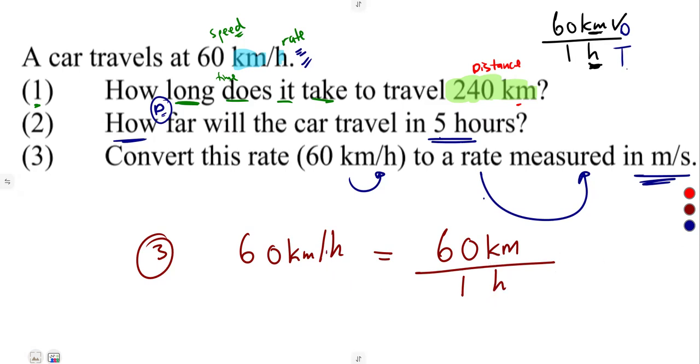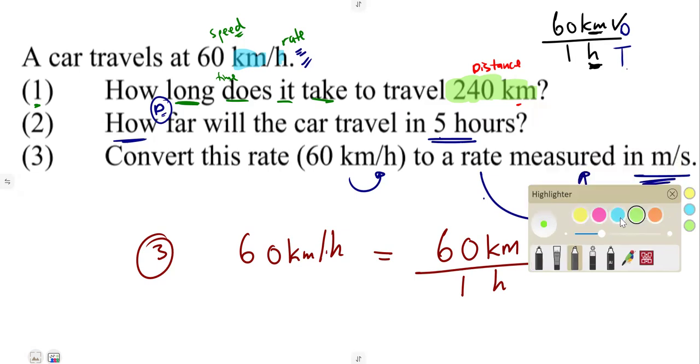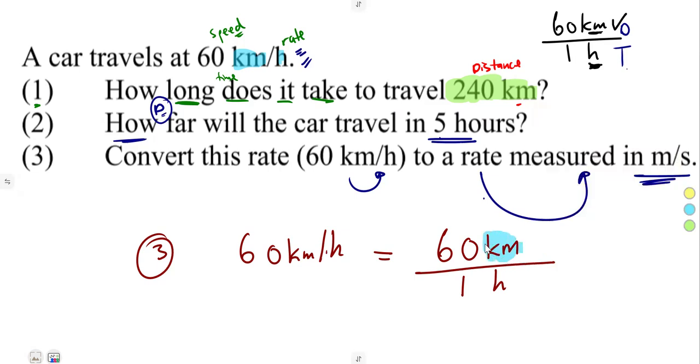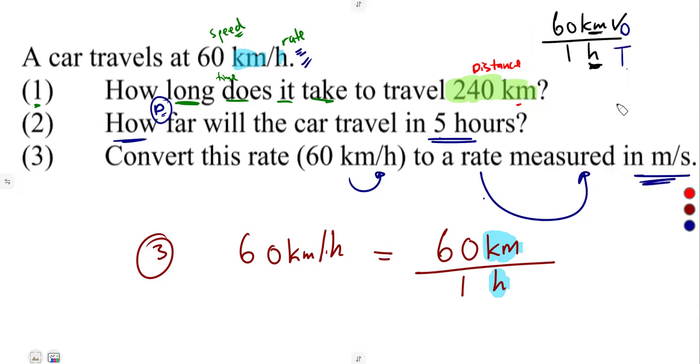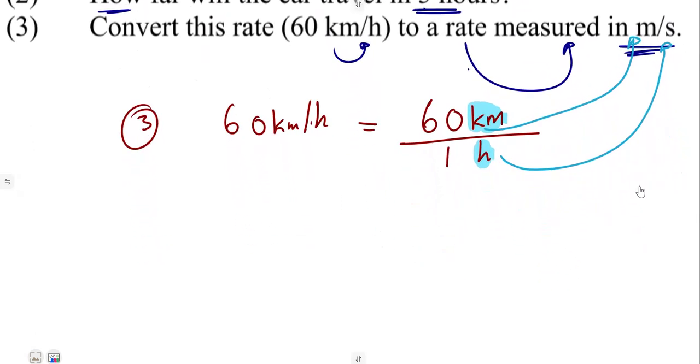So it is representing kilometers over hours. But here they are saying change it so that your answer will be meters per second. It simply means change kilometers to meters, change hours to seconds.